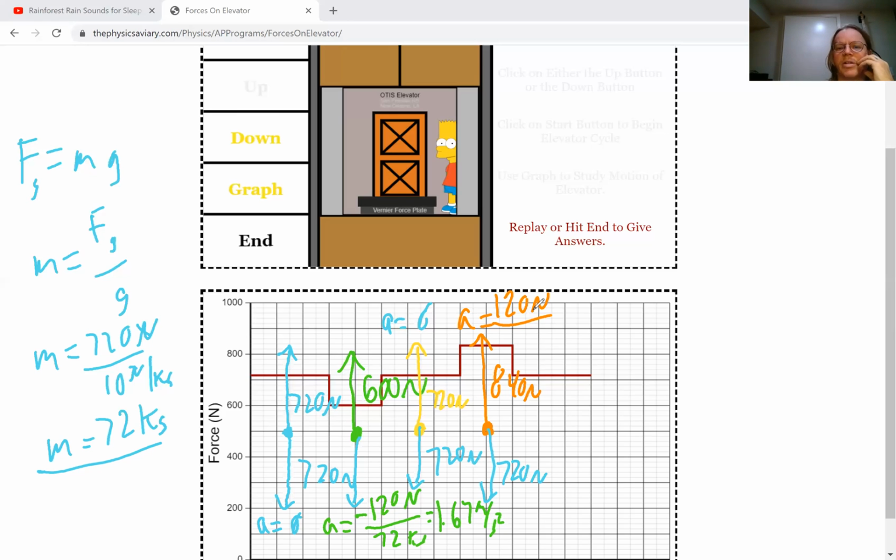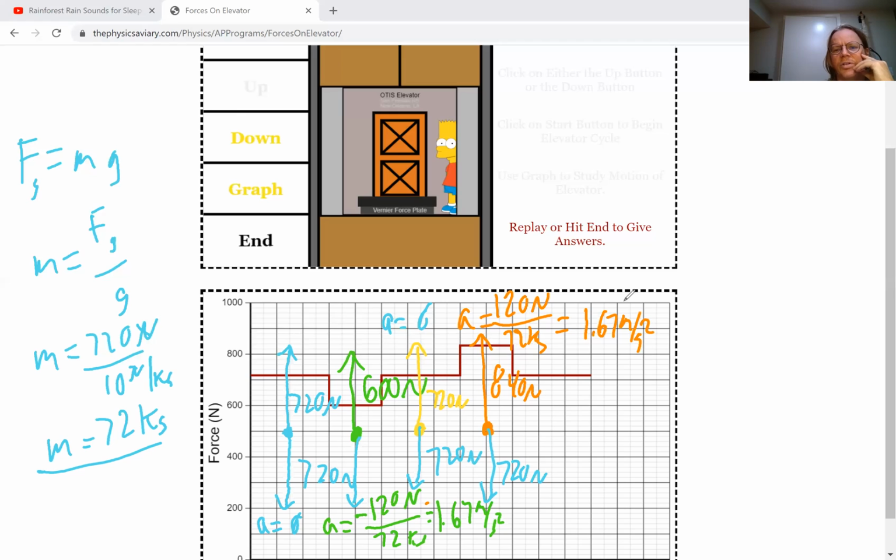That's a double negative, hence a positive acceleration. And the mass is still 72 kilograms. So this acceleration, this one was a negative. This one will be a positive 1.67 meters per second squared. Okay. So there you go, guys. That's how you can find the accelerations in each case.